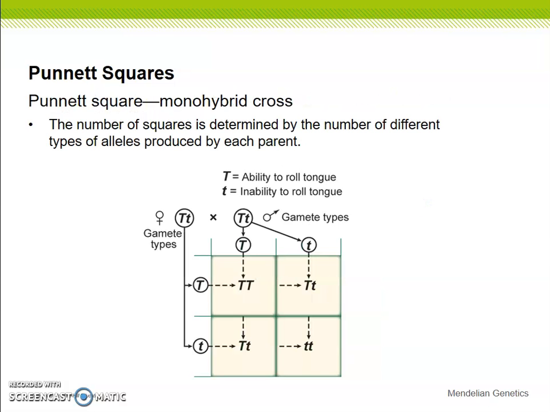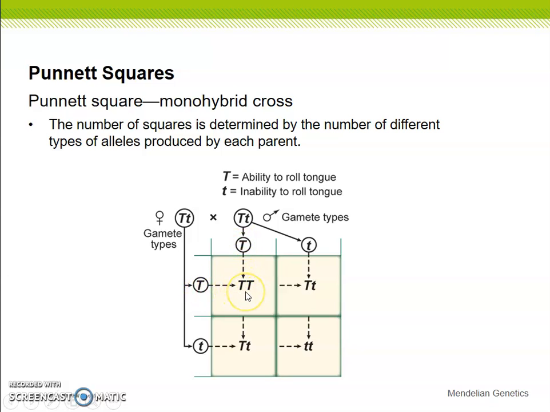So in a monohybrid cross, the number of squares is determined by the number of different types of alleles produced by each parent. If I only have two alleles that I'm looking at, so one single trait, I'm going to separate them. I'm going to put a big T here and a little t here. Then I'm going to look at my other parent, and I'm going to put a big T and a little t, and then just like a multiplication table, I go up and I go over.